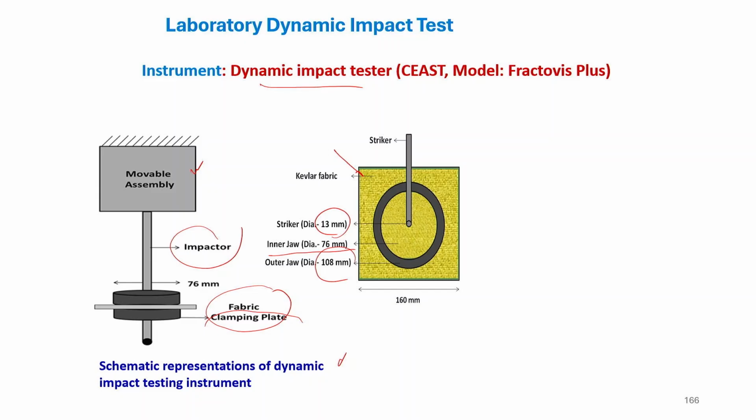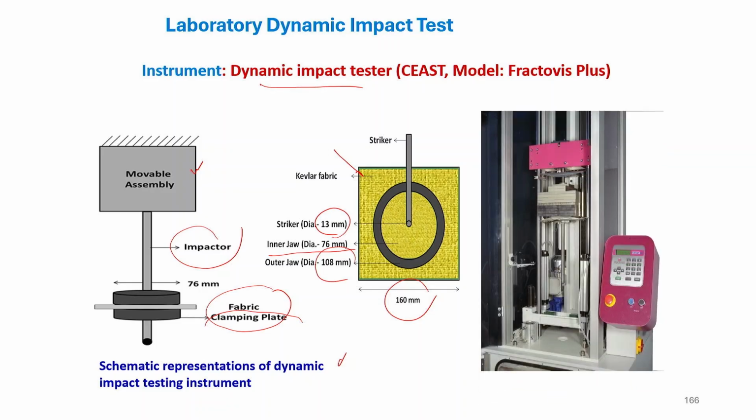The fabric is clamped, then the striker will strike at the center, and the total fabric size is 160 millimeter by 160 millimeter. This is a photograph of the test setup.